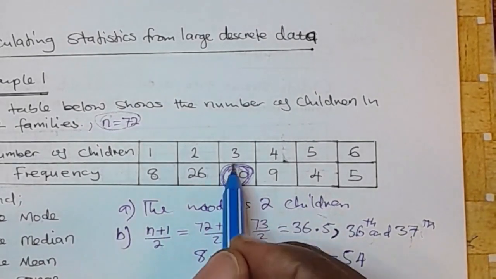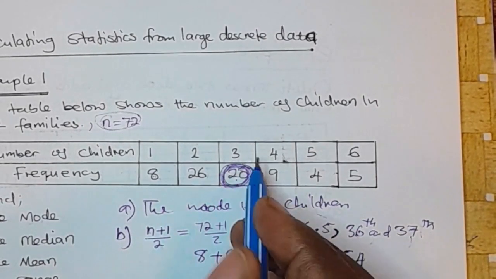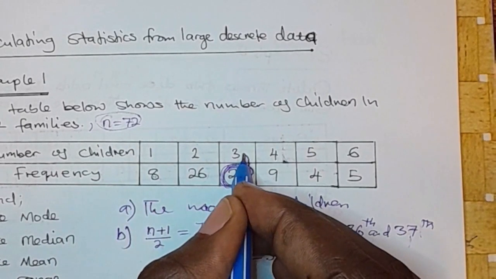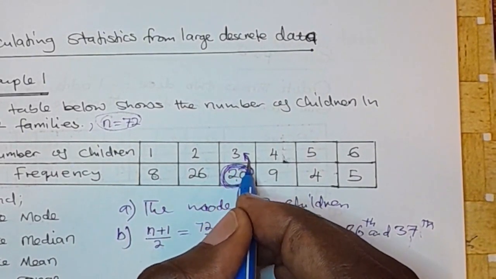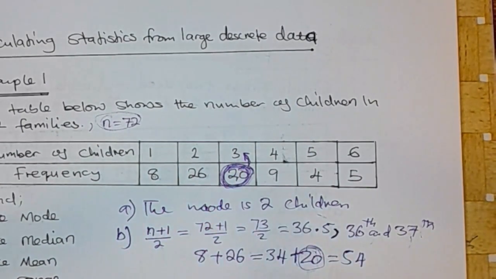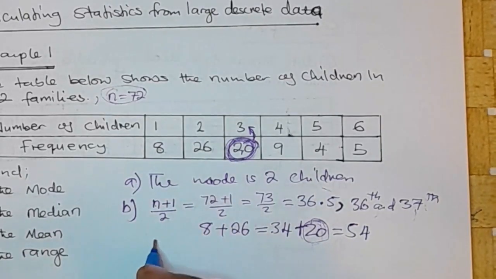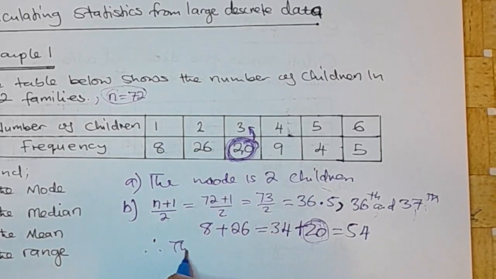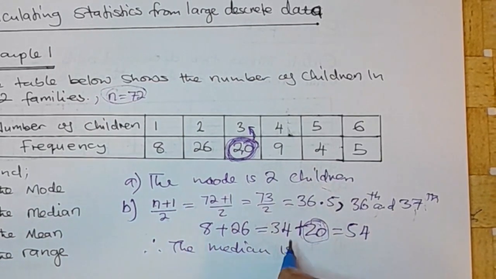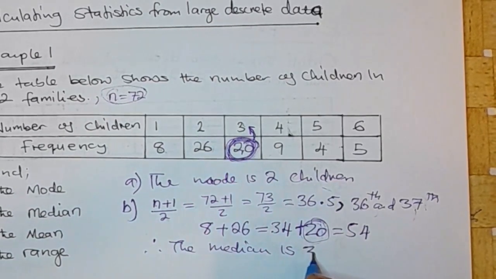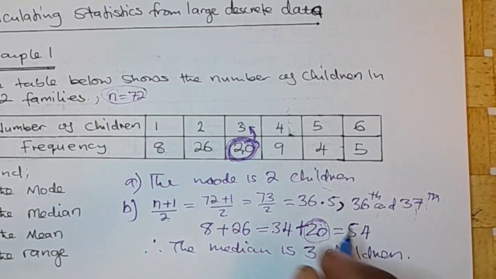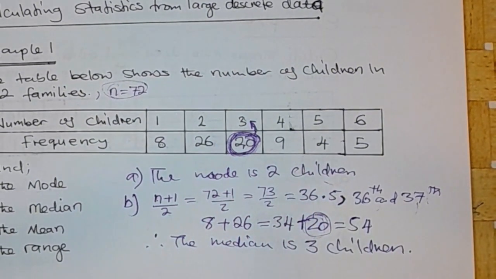Because they are swallowed up here, you pick the number of children corresponding to this number. So you conclude and say, therefore, the median is 3 children. That was the middle value.